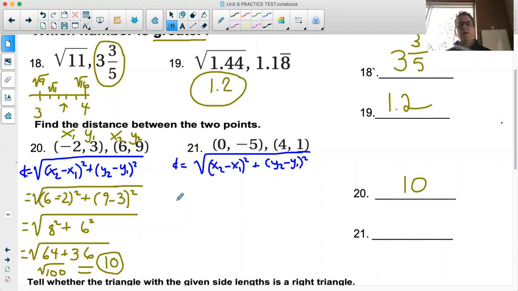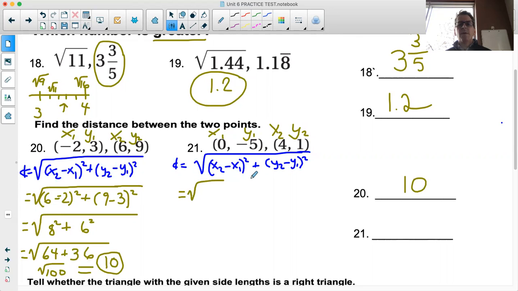Number 21, 0, negative 5, and 4 comma 1. Okay, again, I'm just going to put x1, y1, x2, y2. And this will help me when I start working with my relationship here.